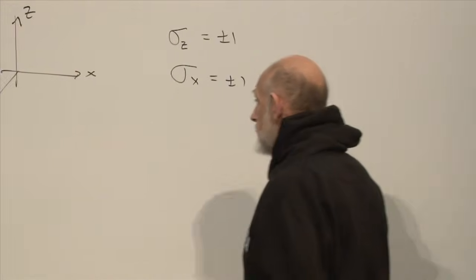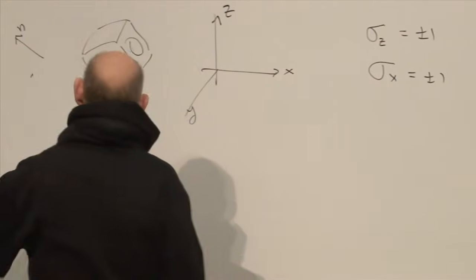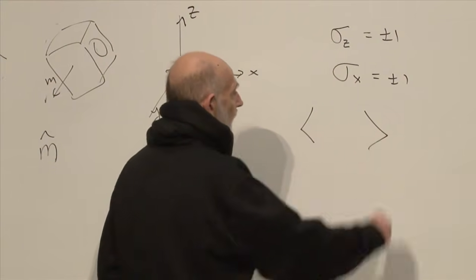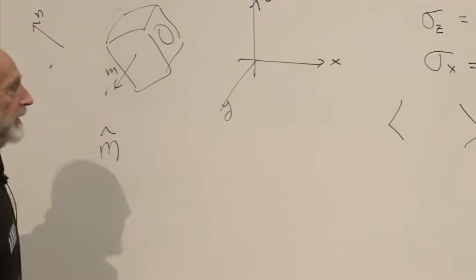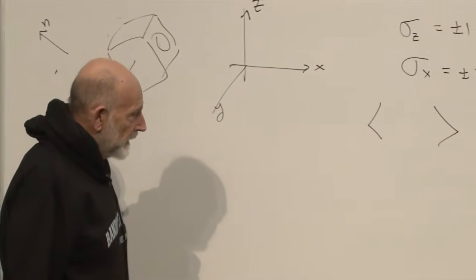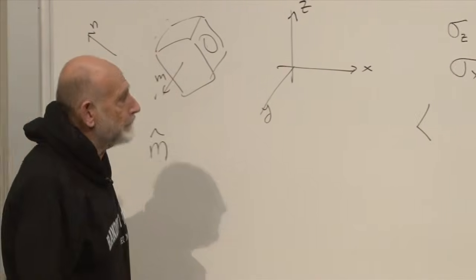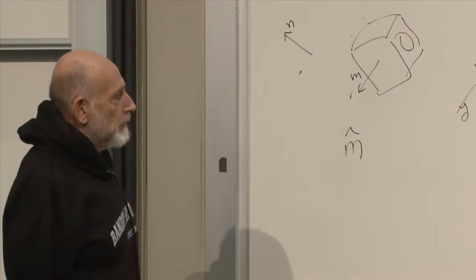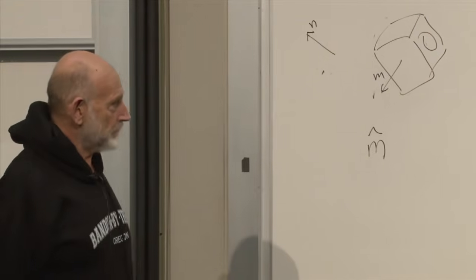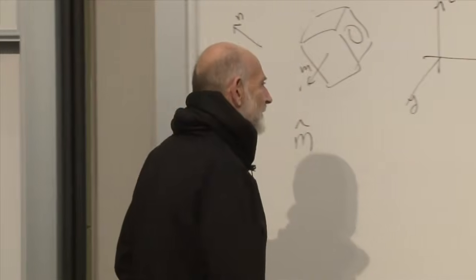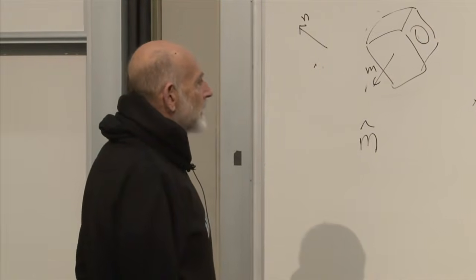How do we write that? Let's write a formula for that. The symbol for averages in quantum mechanics is a pair of angular brackets like this. This one is called a bra, this one is called a ket, and the whole thing makes a bra-ket, which is British for bracket. Okay?